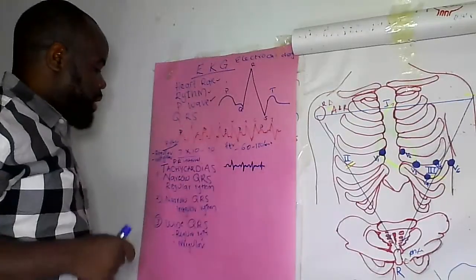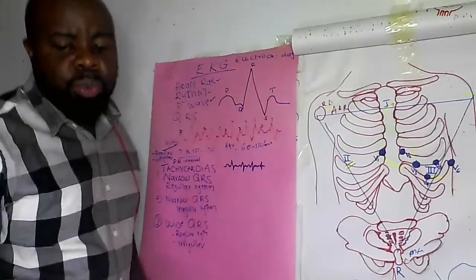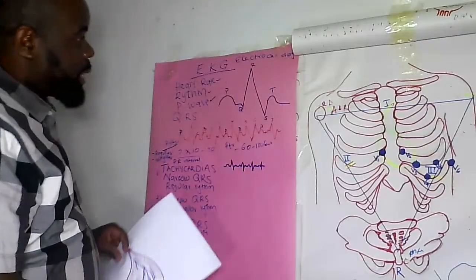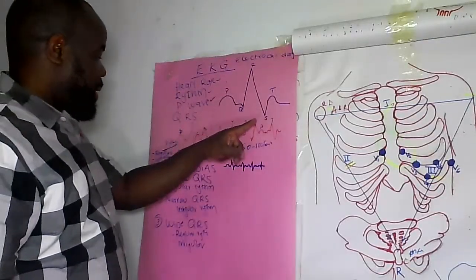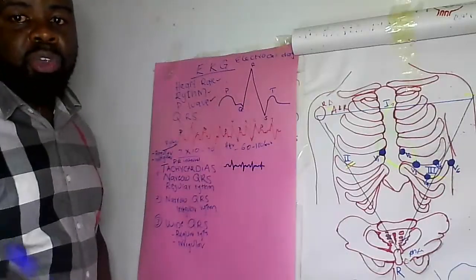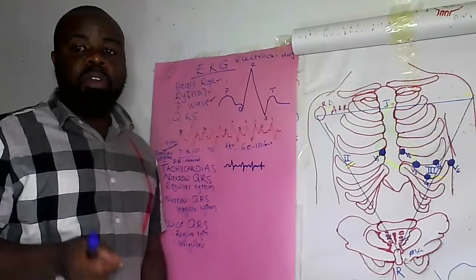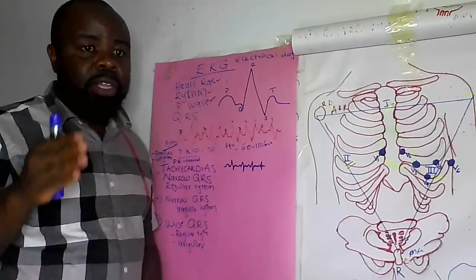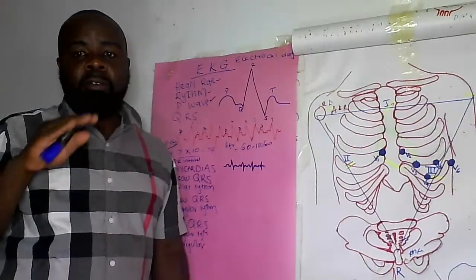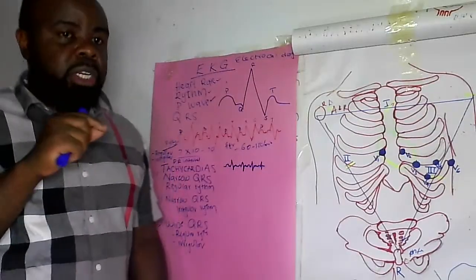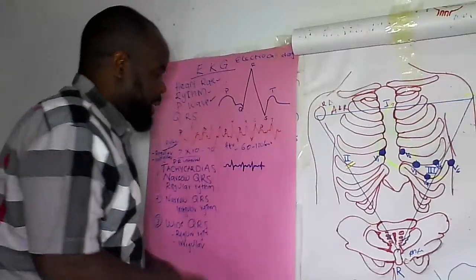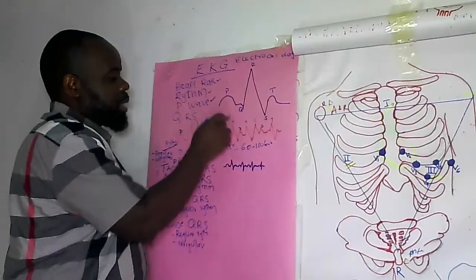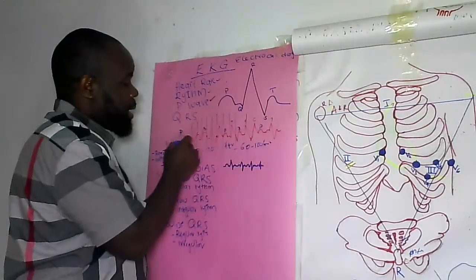The QRS complex should be at least 0.12, which is 5 small boxes on an EKG.